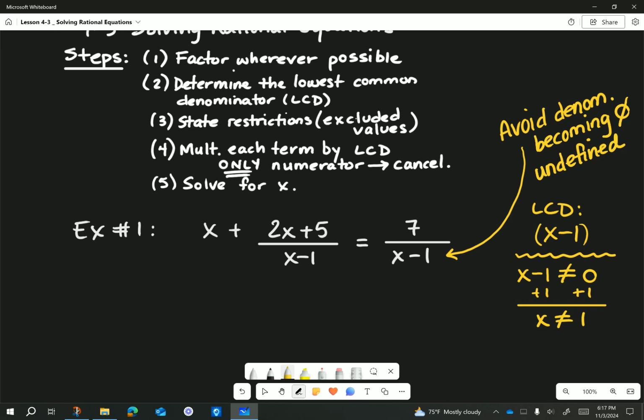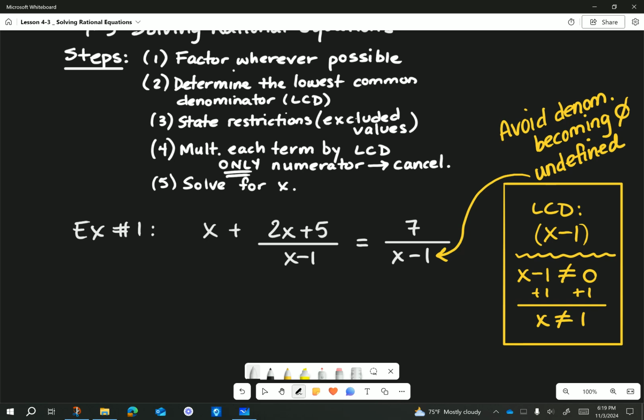So x is not allowed to equal 1. And you will find out in the next section when we start graphing rational functions what role those restricted, excluded values play. Okay? So now that I'm done with steps 2 and 3, I'm going to just box this in here for a second. That's just some side work that I will come back to eventually.